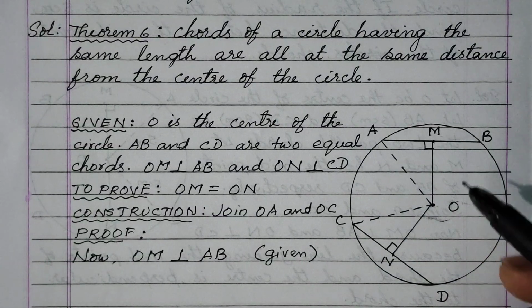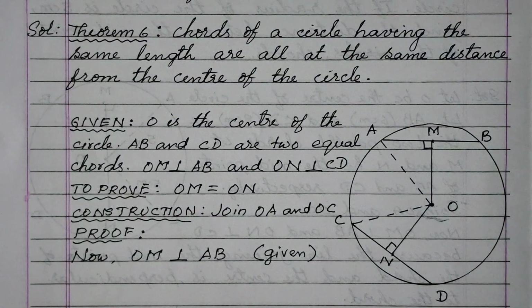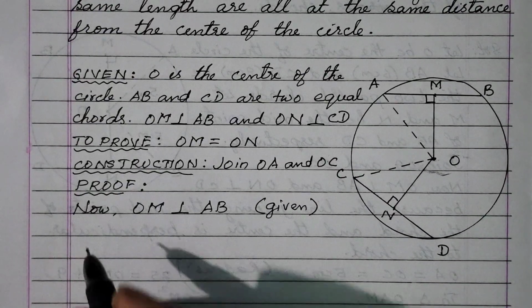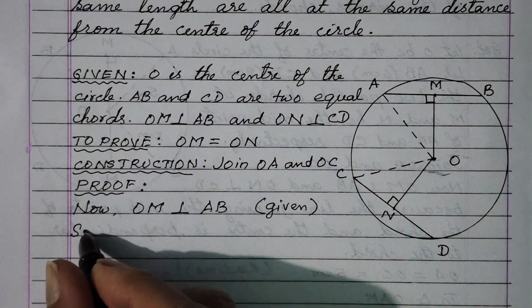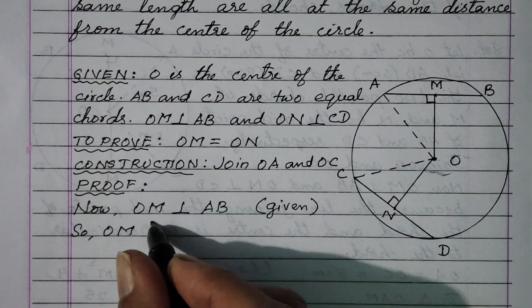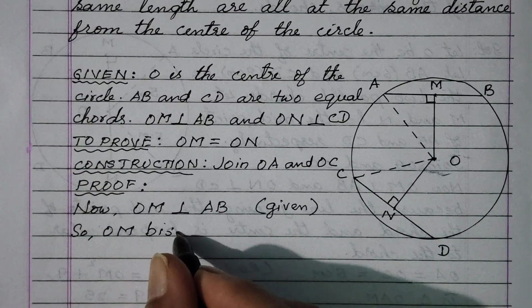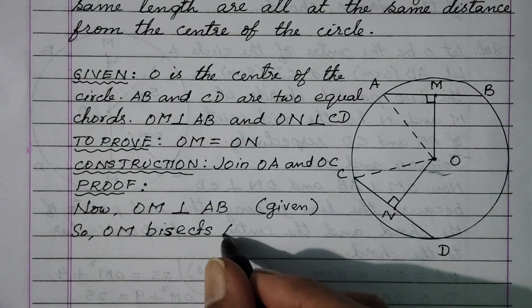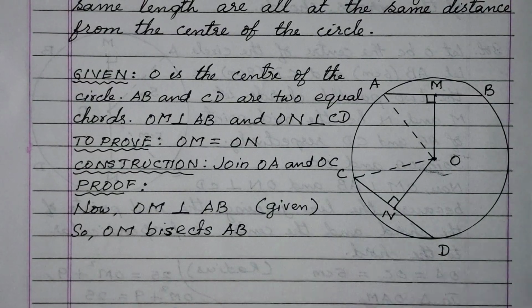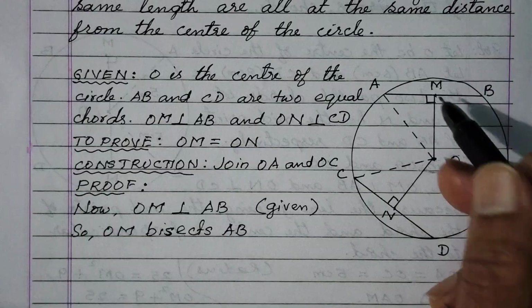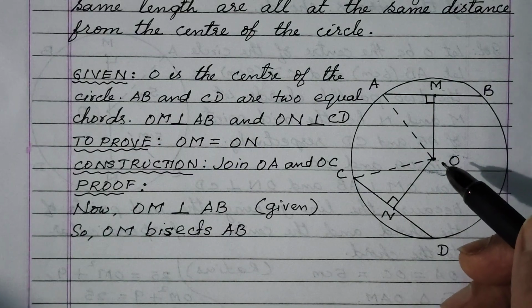So OM bisects AB, because the perpendicular from the center to the chord bisects the chord.